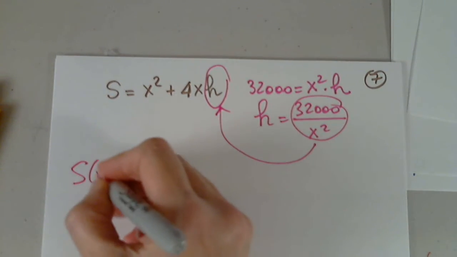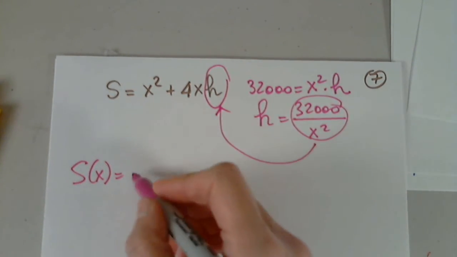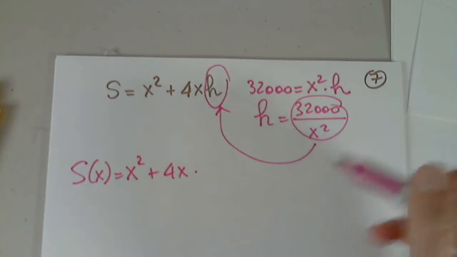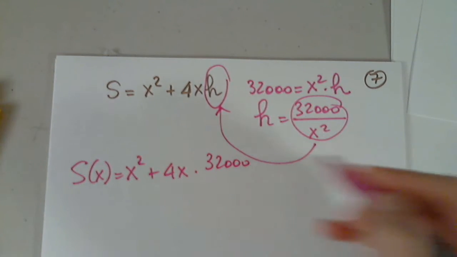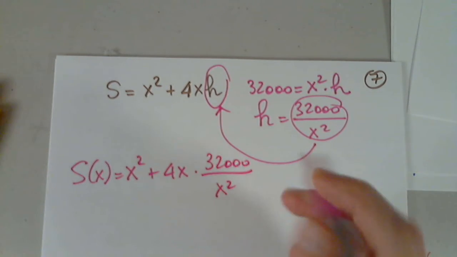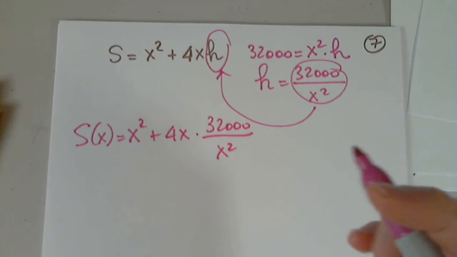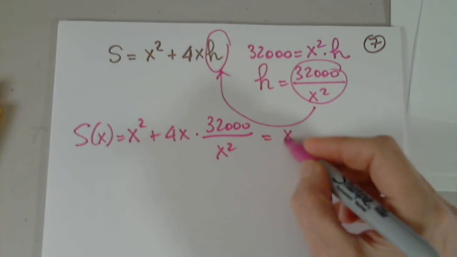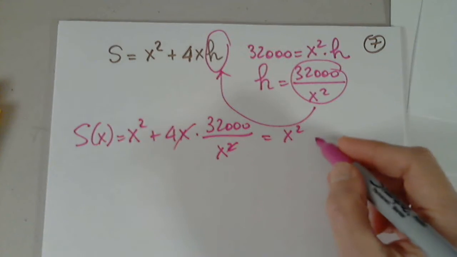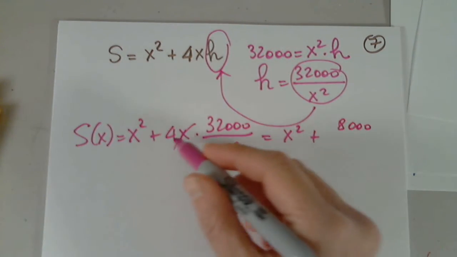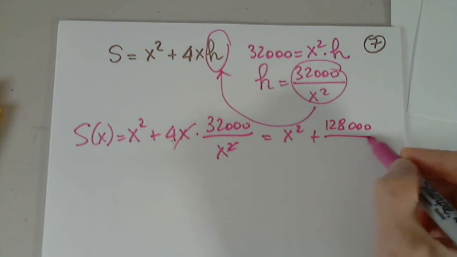I have a function of only one variable: x squared, plus 4x, and I replace h by 32,000 over x squared. I simplify as much as I can, and I get x squared plus 128,000 over x.